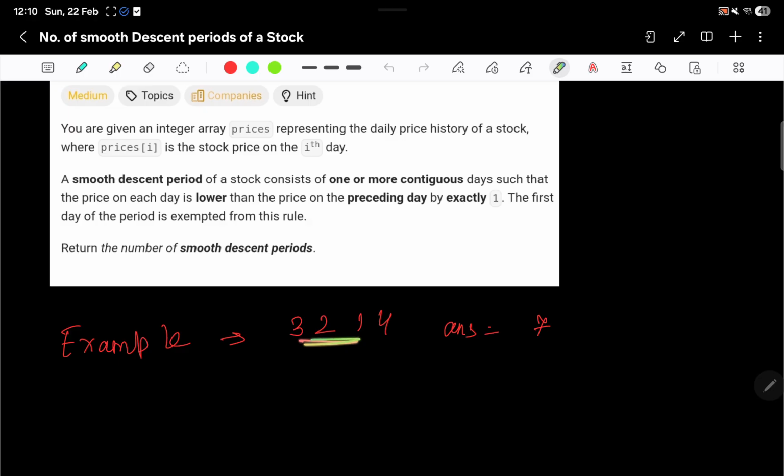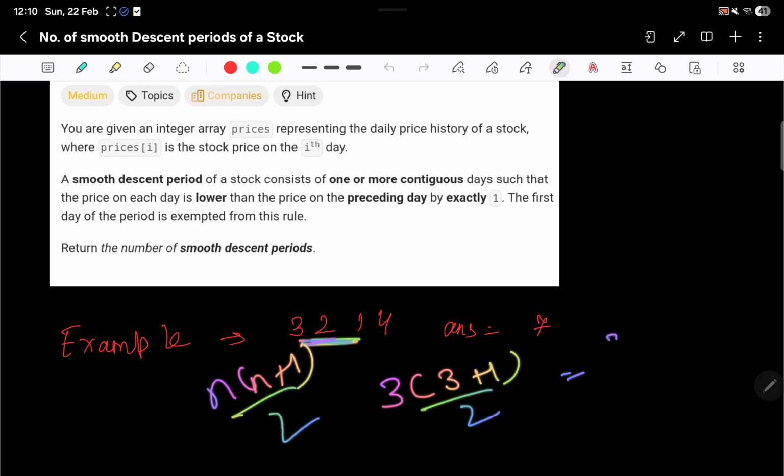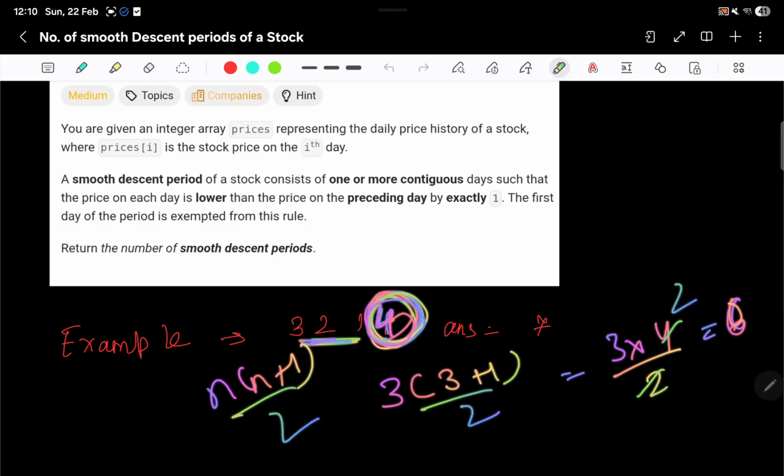So if I think about these three, it would be 3 into 3 plus 1 by 2, that is n into n plus 1 by 2, right? So it would be 3 into 4 by 2, which would be 6, right? And 4 anyway, a single number also satisfies the condition, so 6 plus 1 is equal to 7, right?